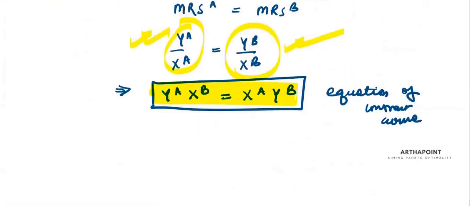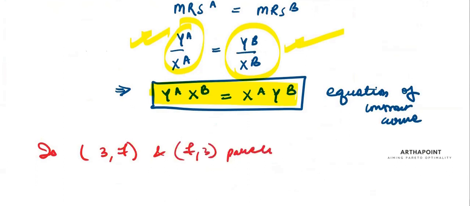When any point is given to you, suppose I ask whether 3, 7 and 7, 3 is Pareto efficient, there is no need to do anything. Just put it in this equation and ask yourself the same question.